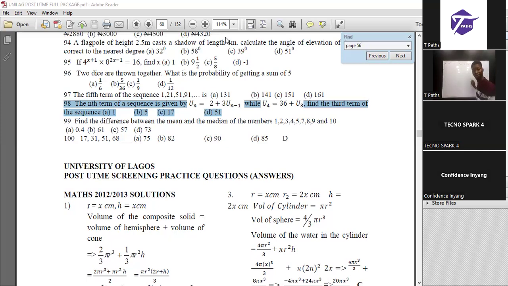I need answers. The question is not relating to sum to infinity, but it's on that geometric series, just your GP and arithmetic AP. So let's solve that and see what we get.